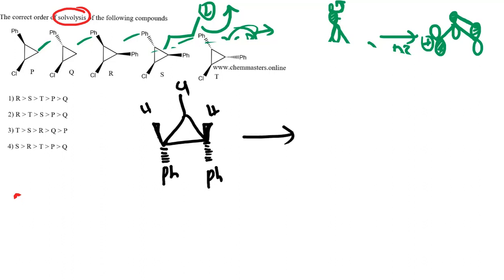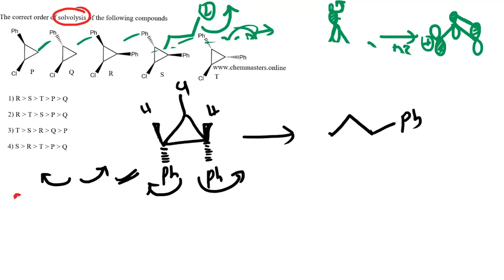As we said, we need to consider only this allowed disrotation, and just do this. When you do that, these two phenyl groups move onto the plane, and you get allyl cation.